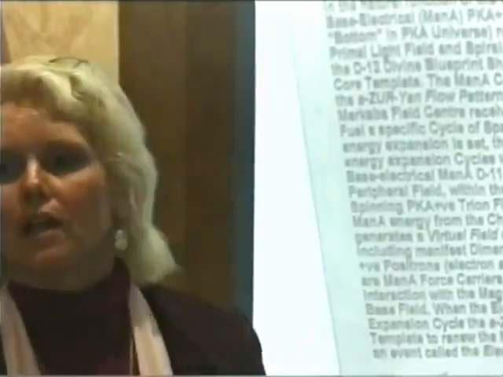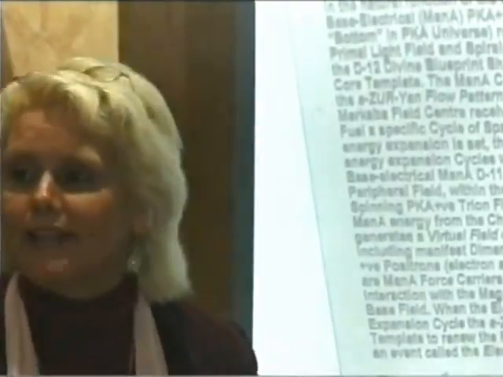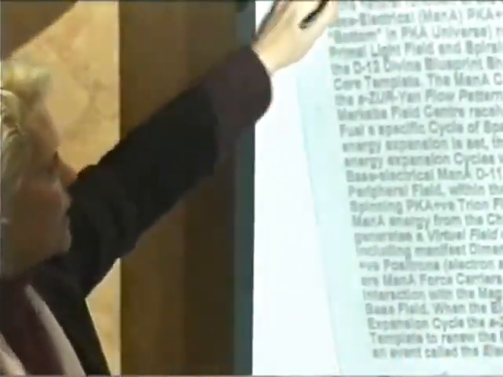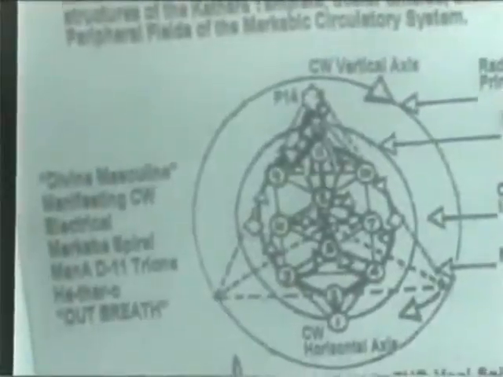Well, the Christos has, as part of its natural programming, a very specific set of codes that allow for the natural influx and outflux of energy, so the radial bodies inside and the Merkaba fields outside and all of that can form. The flow pattern for the electrical Merkaba is called the Azur-Yan spiral. Right?